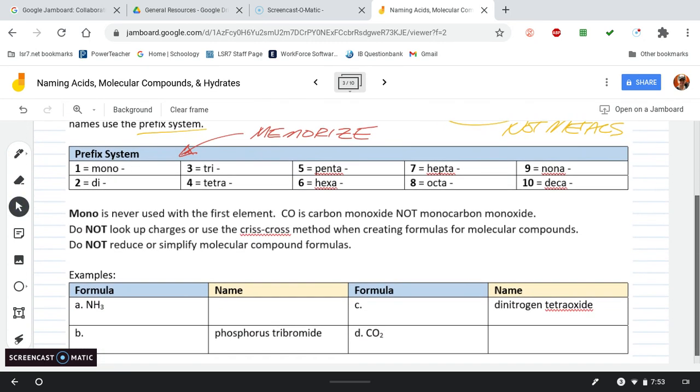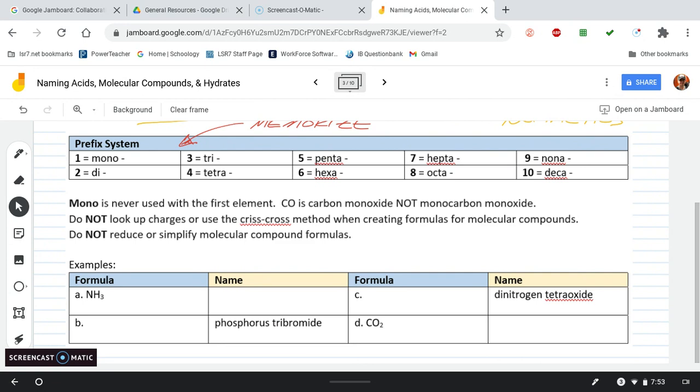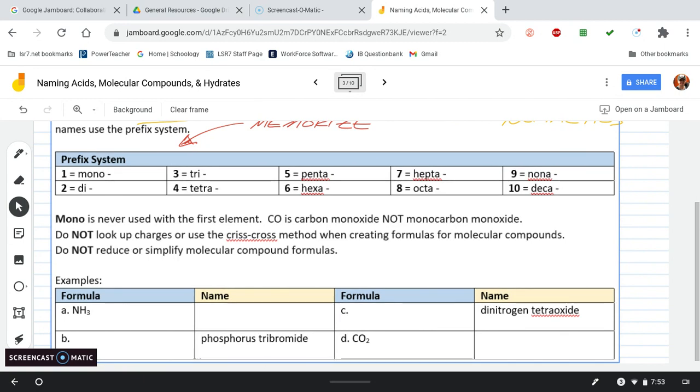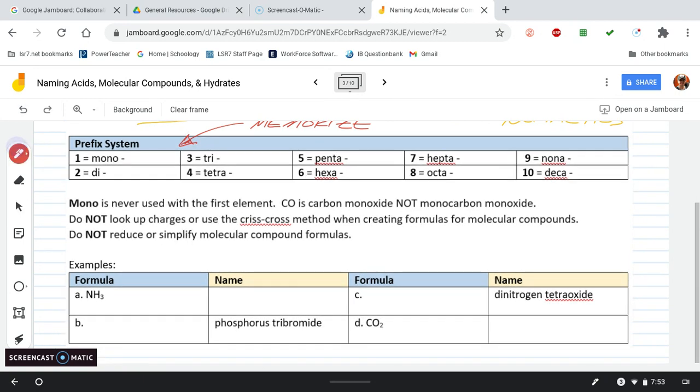So if you slide down here, some rules. Okay, so the first rule is that mono, which is the prefix for 1, is not used with the first element. So like CO, the way the prefixes work is that the prefixes are telling us how many we have.